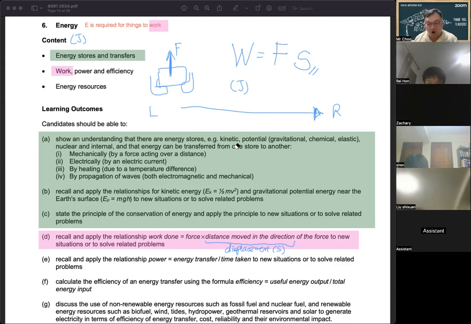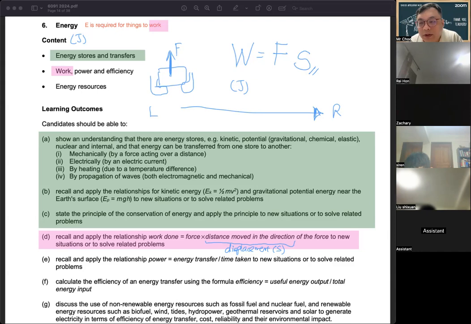I'm holding my iPad, then I walk from left to right at the same height, by moving myself from left to right of the room. Am I doing work? Is any work done on the iPad?